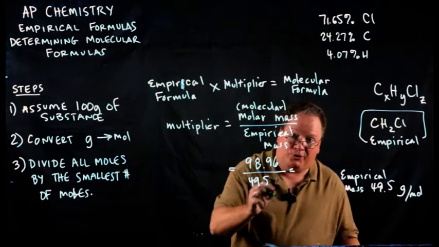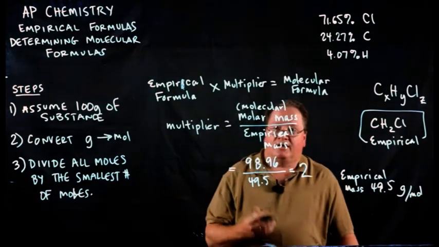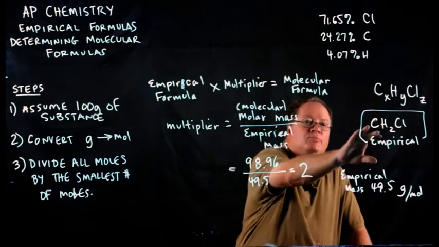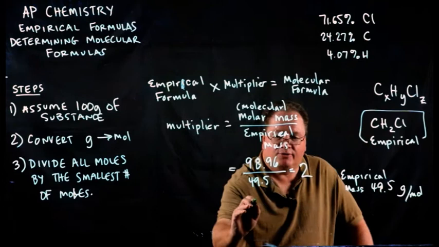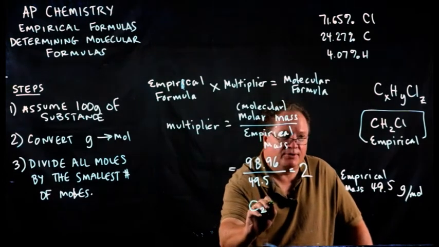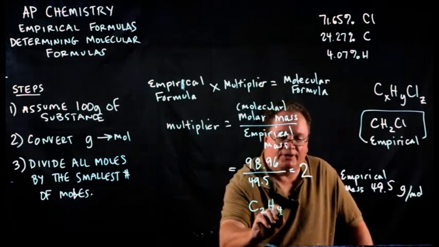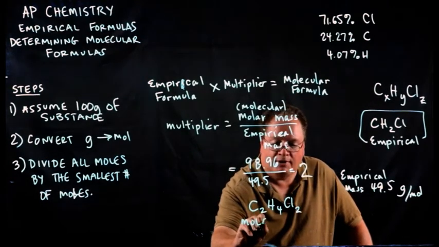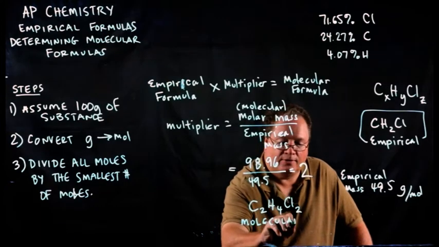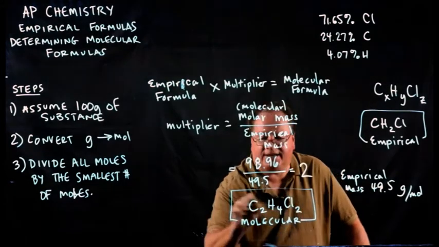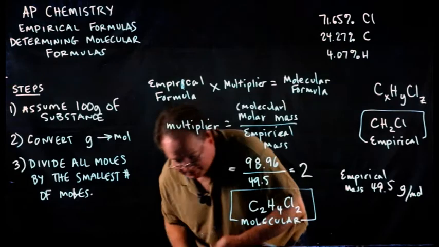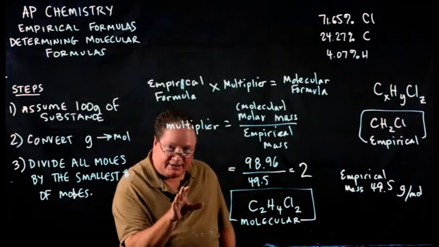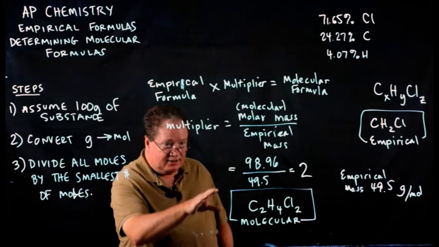This number is 2. So our molecular formula then should be the empirical times 2. So it would be C2H4Cl2. This is our molecular formula. Okay? So on this question, this is how we would get both the empirical formula and the molecular.